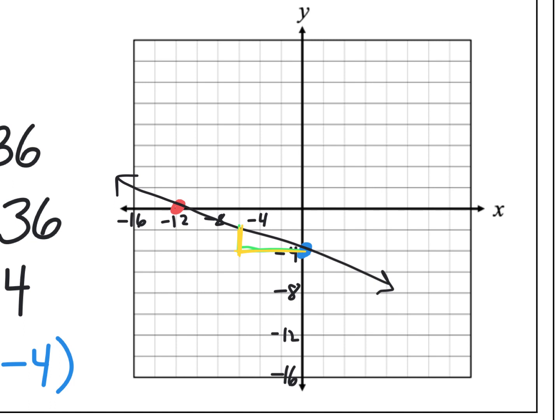You can do it between those 2 points, or you can make another one that's, I think, right there. Depending on if you do a big triangle or a little triangle, it doesn't matter. You could take a big one with the 2 and the 6, or you can choose a smaller one because it does pass through this point as well. So it has a rise of 1 and a run of 3.